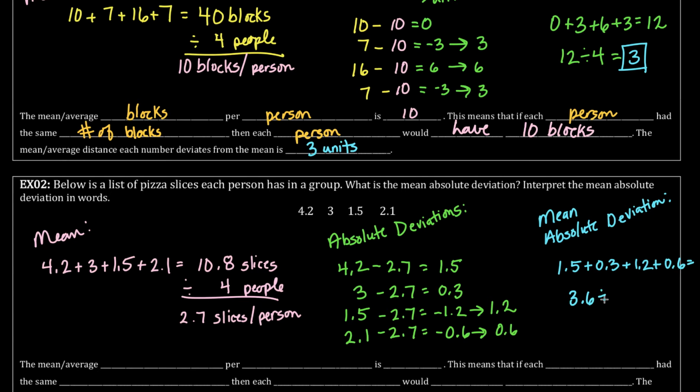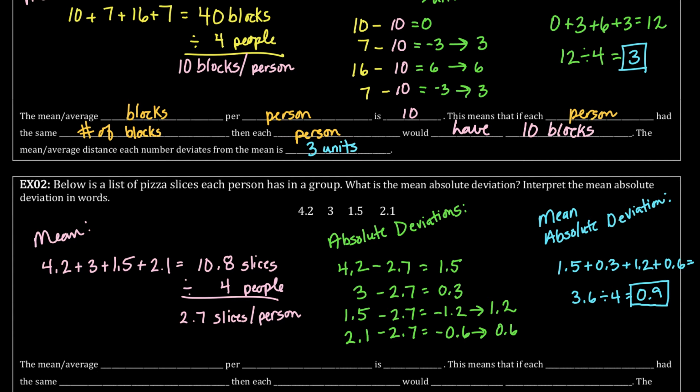And then I divide that by 4, amongst 4. And I get 0.9, which is my mean absolute deviation.